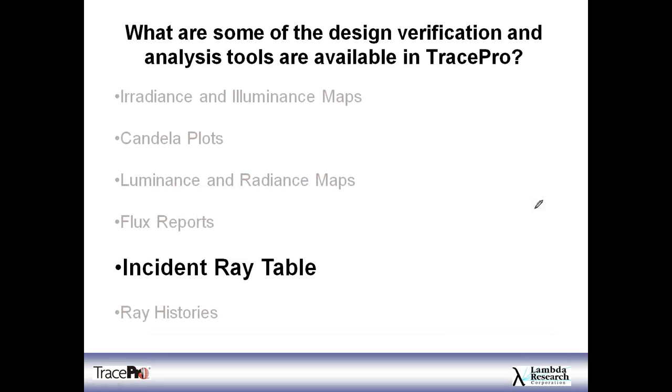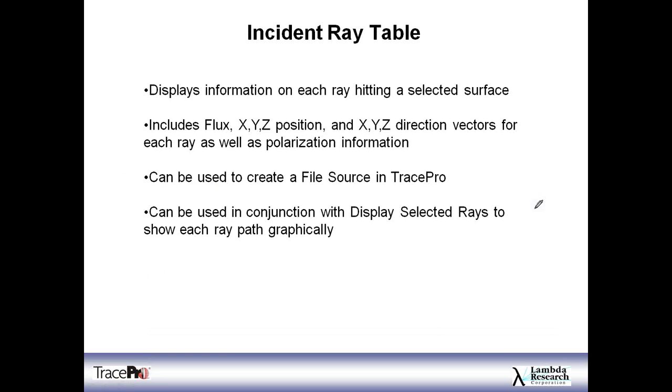Another tool in TracePro is the incident ray table. The incident ray table displays information on each ray hitting a selected surface. It includes the flux, the XYZ spatial position, and XYZ direction vectors, and this is for each ray, as well as the polarization information, if that's applicable.